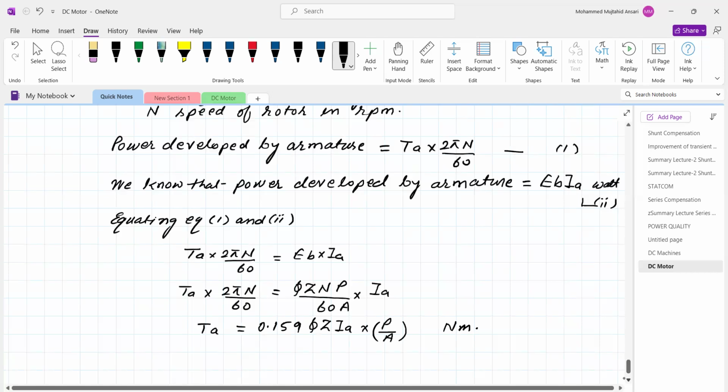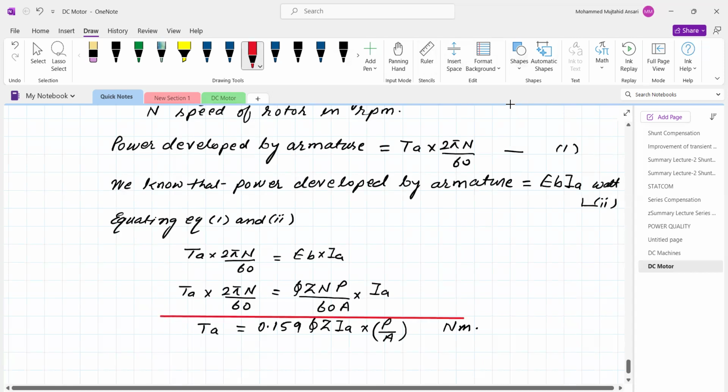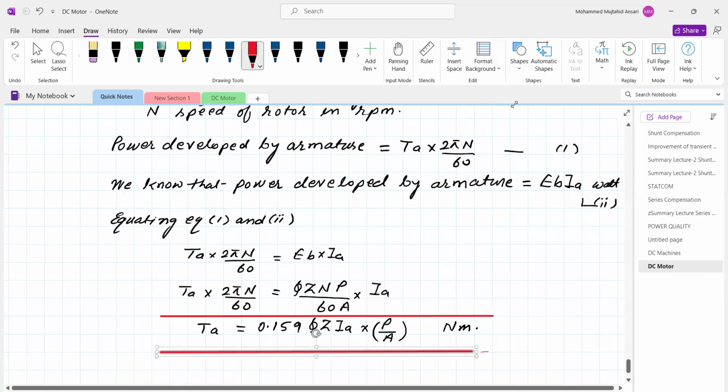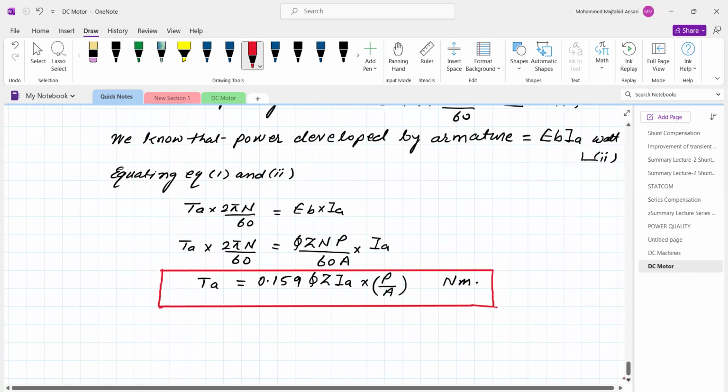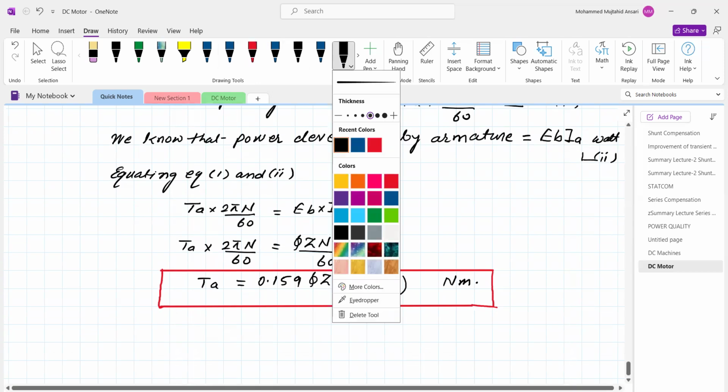Now look at the equation of armature torque. Look at this equation. We found that Z is the total number of conductors. Once we construct the motor, the total number of conductors will remain the same.